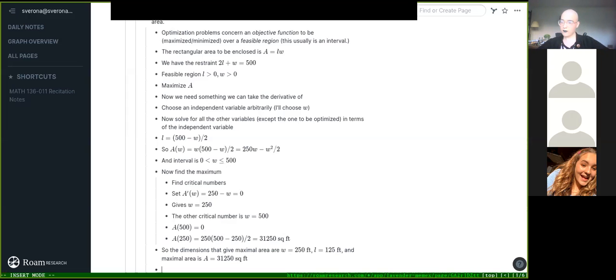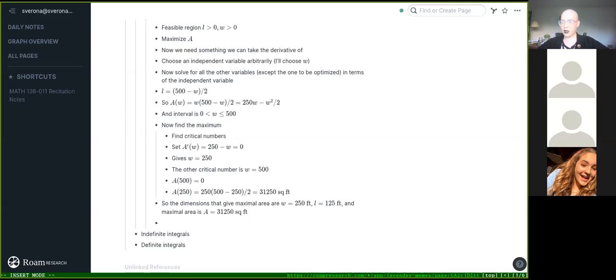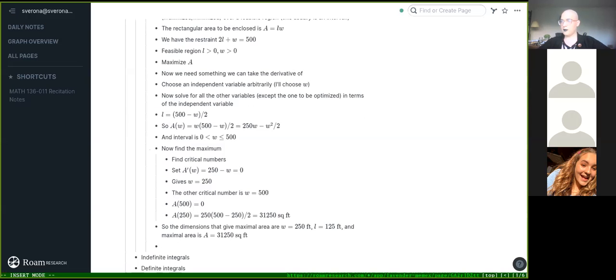Okay, so does that help? That's a blow-by-blow of how I would do an optimization problem. The only thing I could really do to make this more complicated is to make the function or the setup worse.